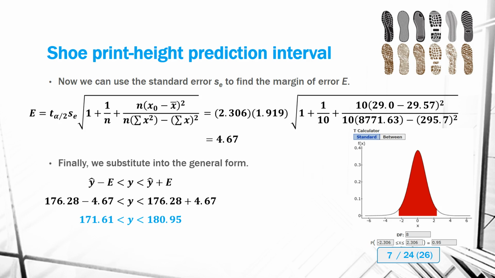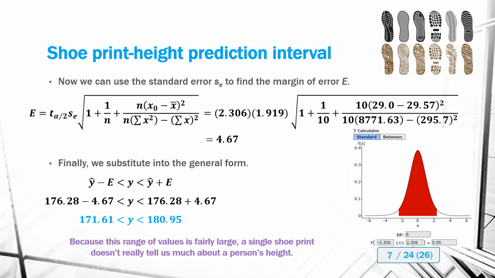What this says is that we are 95% confident that the true value that corresponds with 29 centimeters is somewhere in this range. So the height of the individual who has a shoe print length of 29 centimeters is somewhere between 171.61 and 180.95.